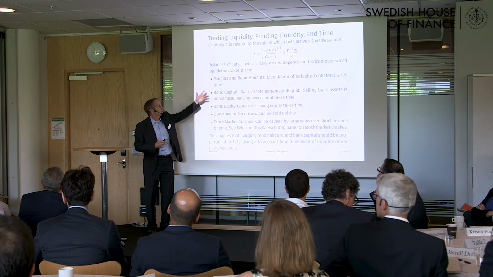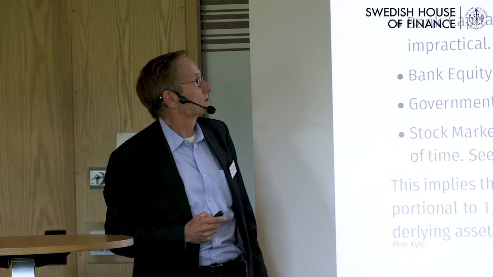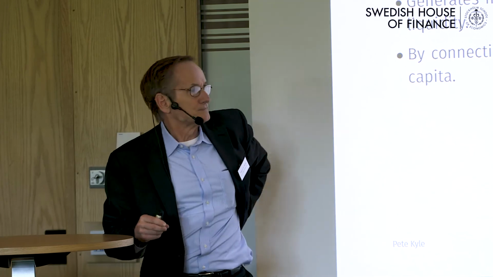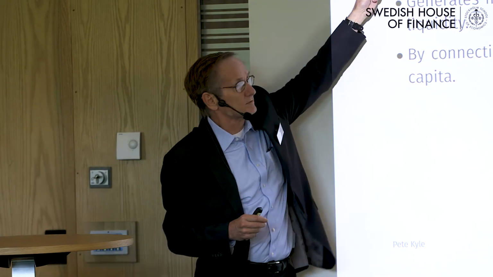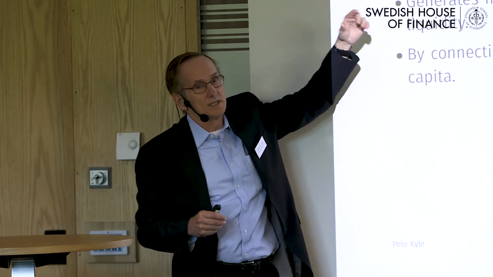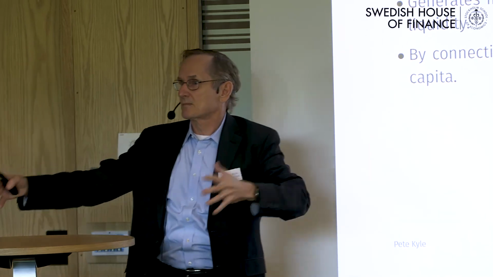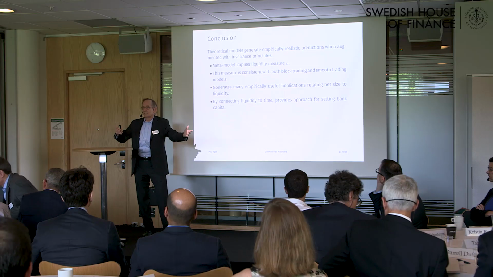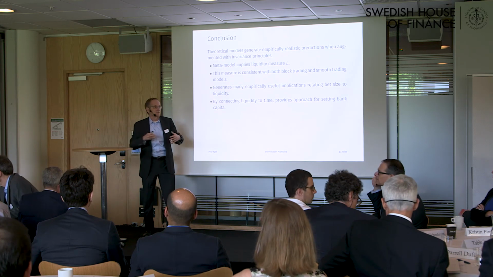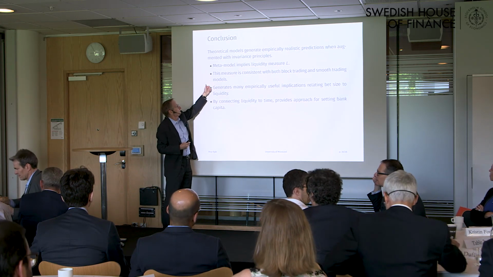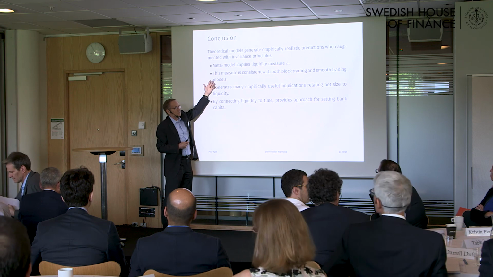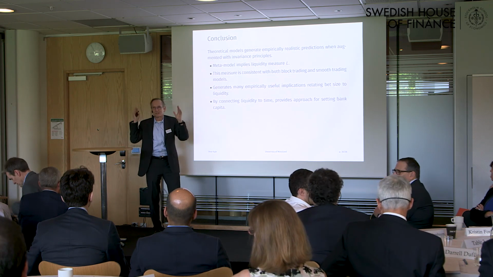You can also use gamma and sigma, as I mentioned earlier, to explain stock market crashes. So the conclusion, and I'll stop, is that this meta model implies a liquidity measure that we call capital L that maps back to my '85 paper and to the generalization of my '89 paper that's the smooth trading model today. It's consistent with a model of block trading where traders go in and trade huge chunks immediately.